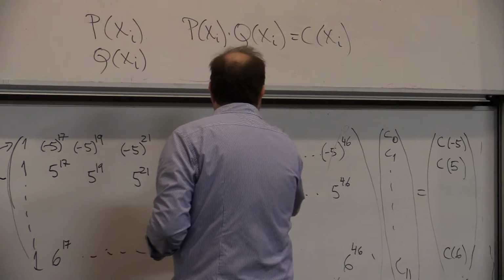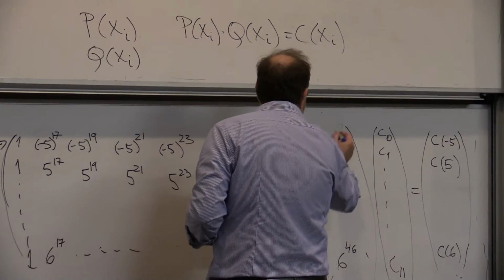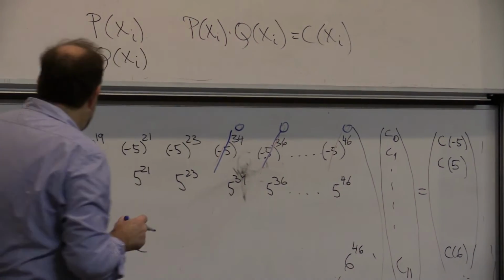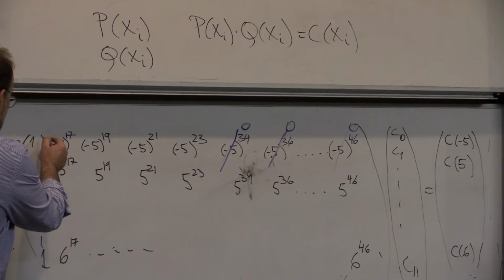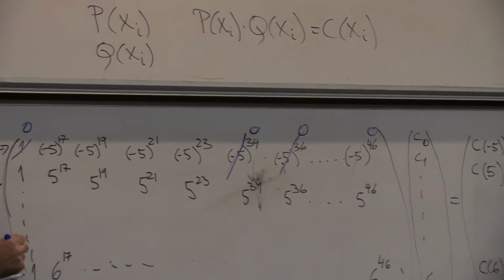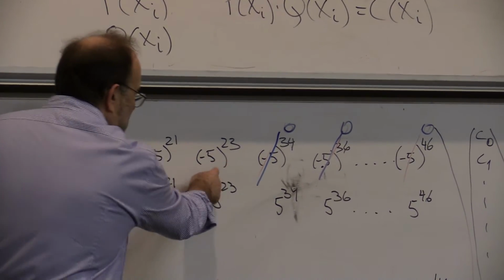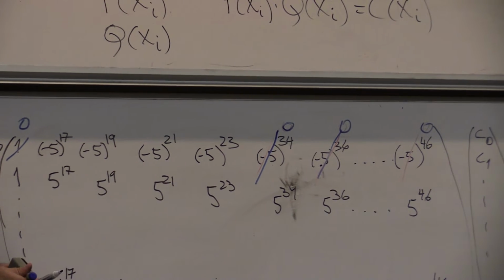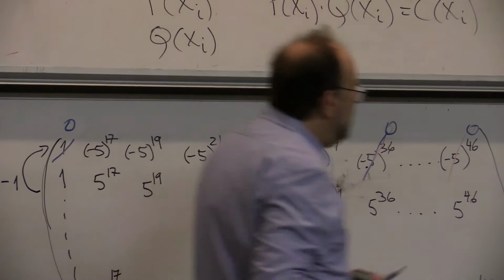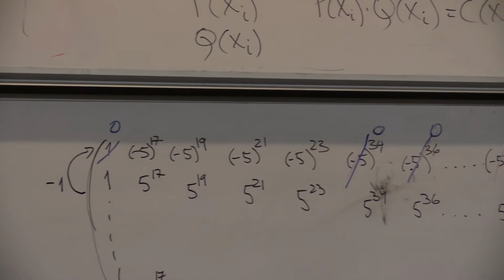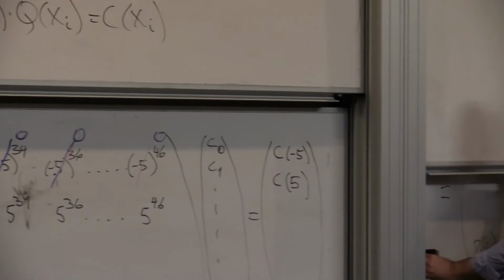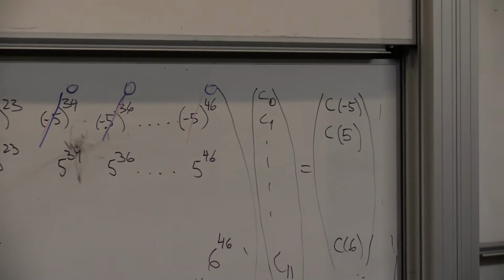So these will become 0, and this will also become 0. So I'll have only 1, 2, 3, 4 non-zero entries, right? If I do this transformation, my matrix will start looking like this.